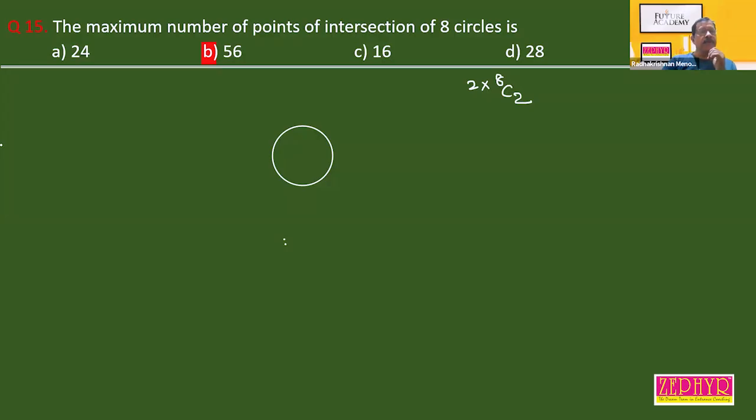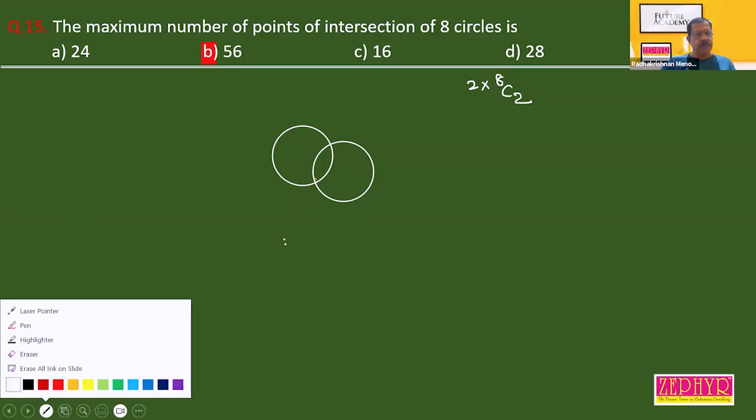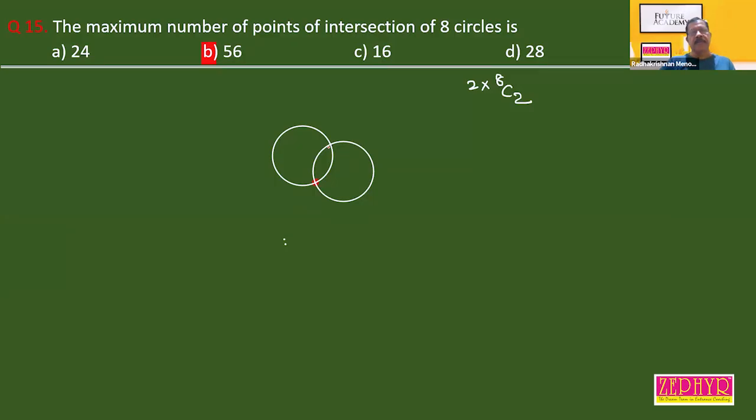Okay. So one circle I have drawn over here. If you take another circle, you are having 2 points of intersection. One is this one, another one is this one.